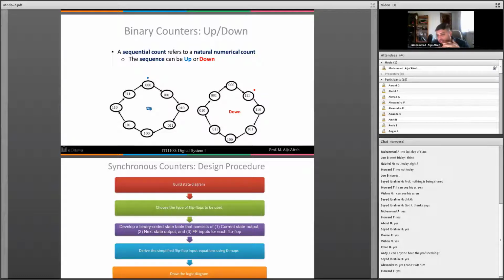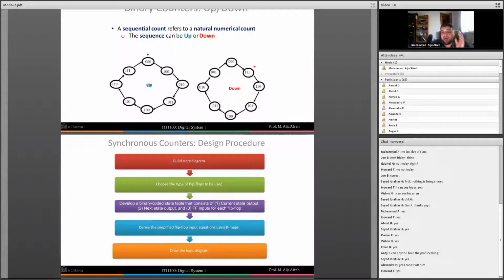If you choose D, which is the simplest one, the next state equals the input, and you're good. If you choose T, you need to grab the characteristic equation of the T flip-flop, which is an XOR between the next state and the present state, in order to get the value of the input.